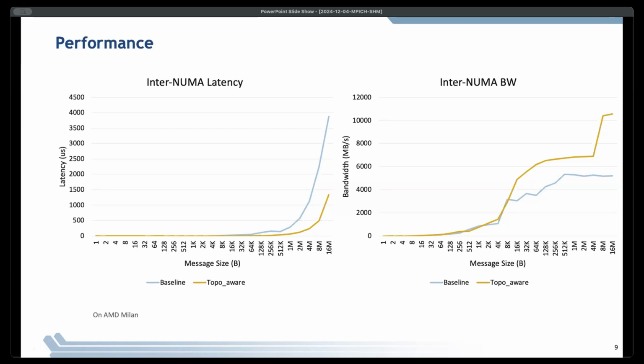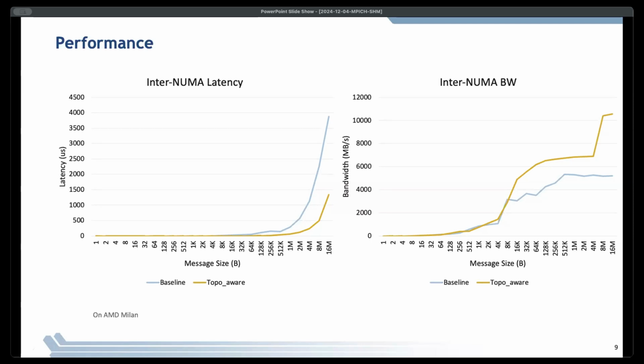This is on a test machine that we have at the JLSE, the Joint Laboratory for System Evaluation program that we have at Argonne. The program offers many different machines with different architectures, and this is on one of the EPYC Zen 3 machines.